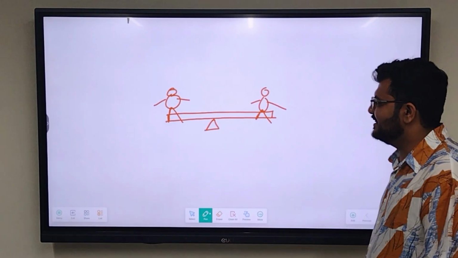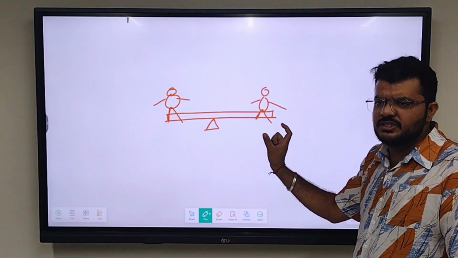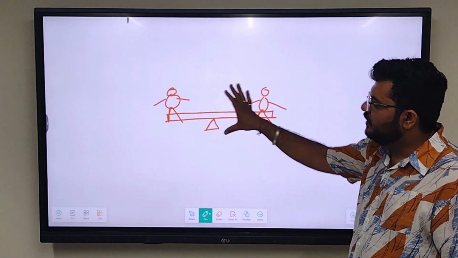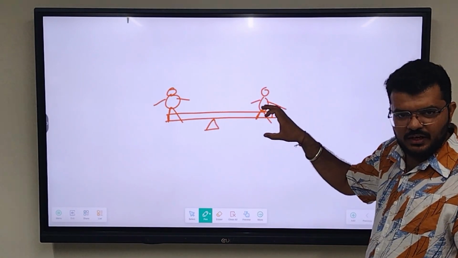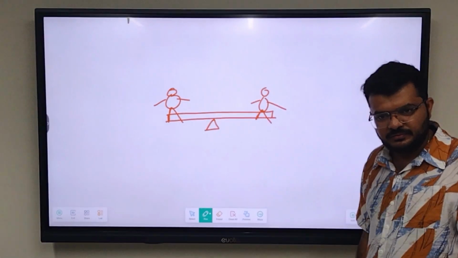Let's say that they are sitting at a certain distance. We know clockwise movement is equal to anticlockwise movement, but they are sitting in such a way that the seesaw is balanced, है ना?